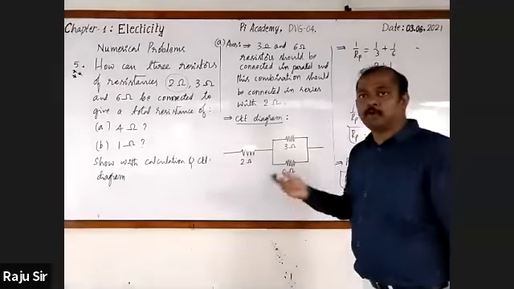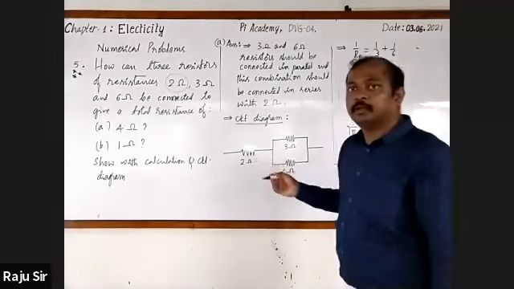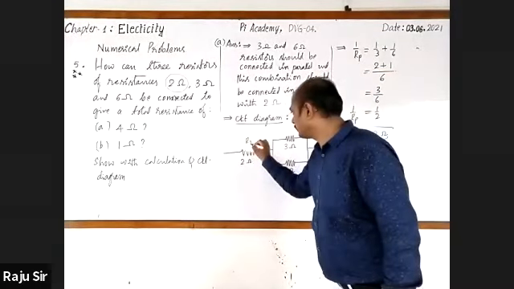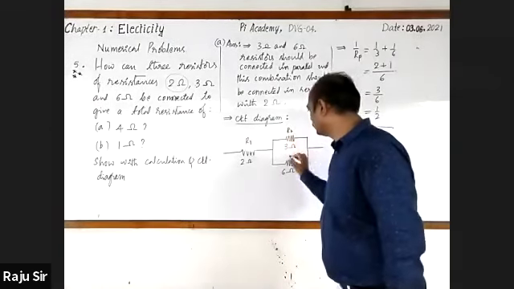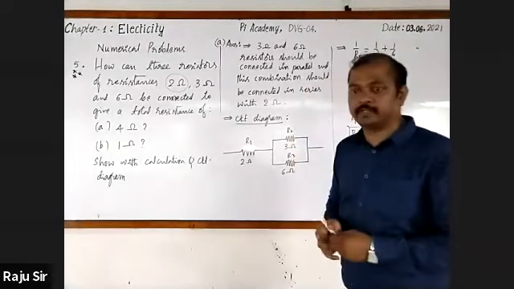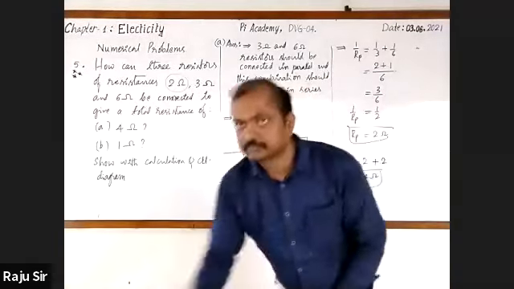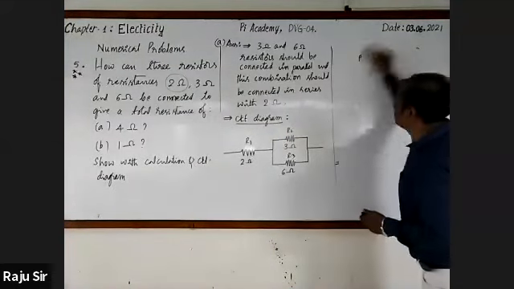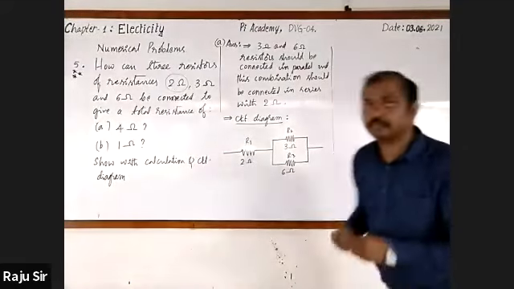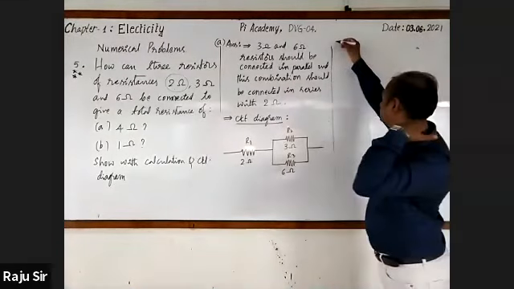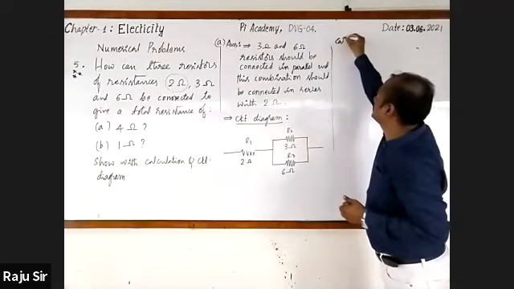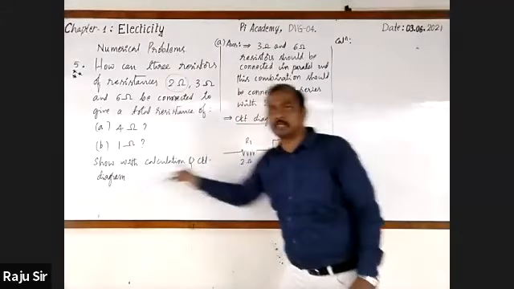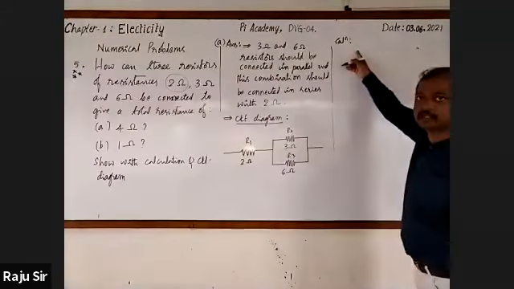If you want, you can number the resistors: this is R1, this is R2, and this is R3 for your reference. Next, write the calculation. So with calculation and circuit diagram, the circuit diagram is over. Next, calculation.